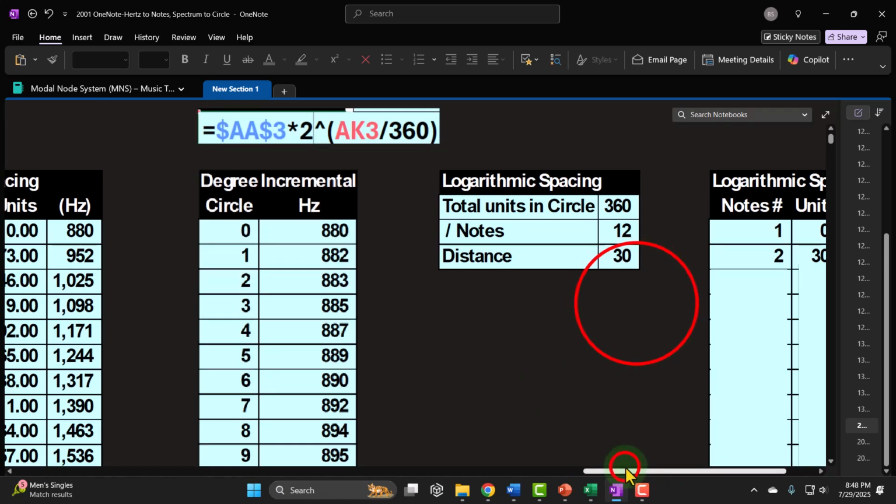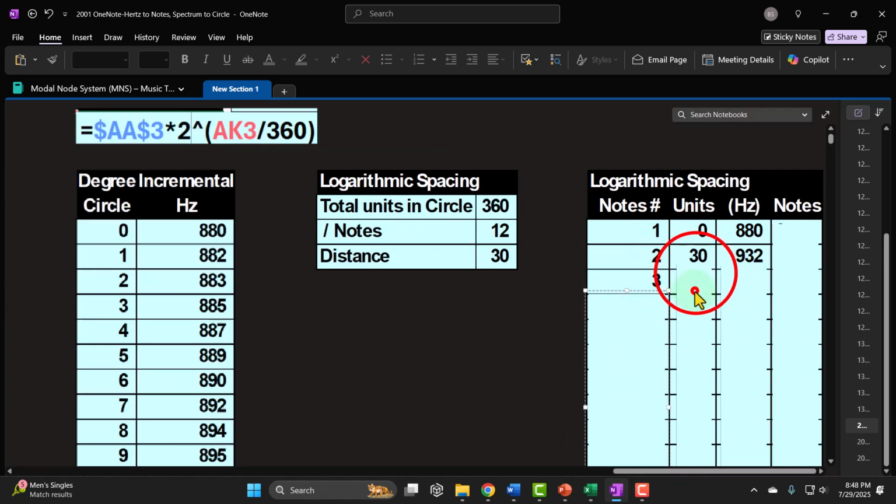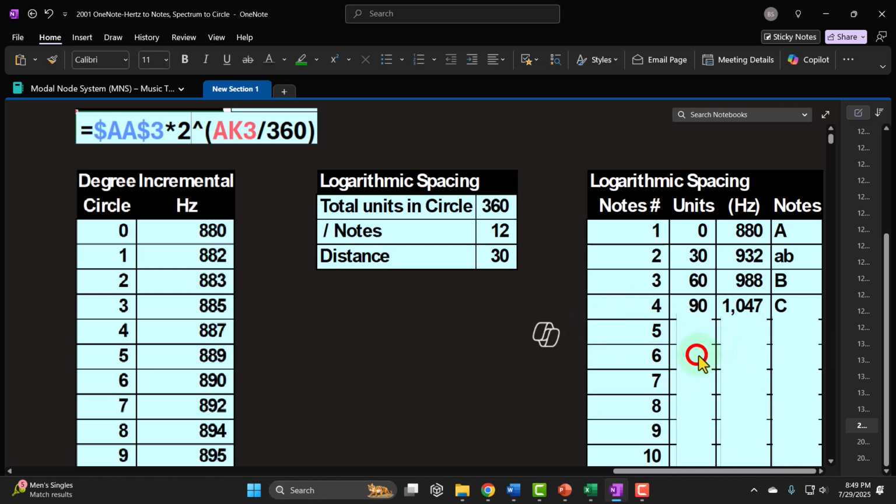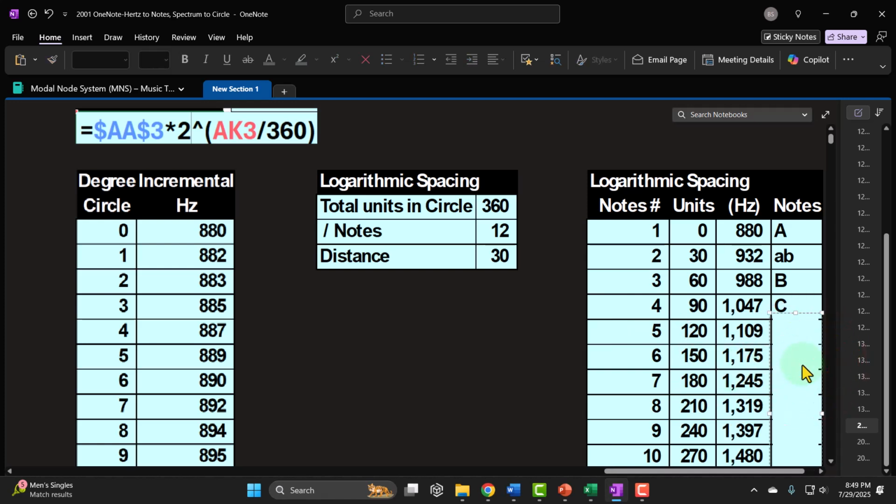And then if I went up again, the next one is going to be 30 plus 30, which would be 60, and that's going to be 988. And this would be an A sharp or B flat, and a B. And then the next one would be a C. That would be 60 plus 30, or 90, which comes out to hertz of 1046, and so on and so forth.